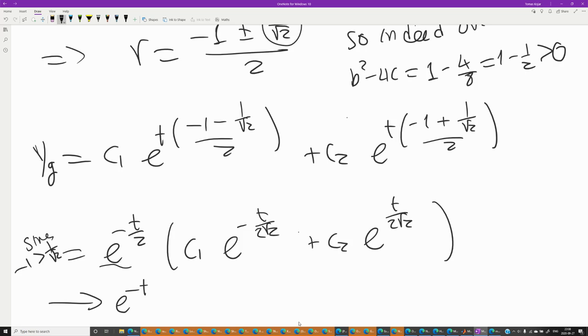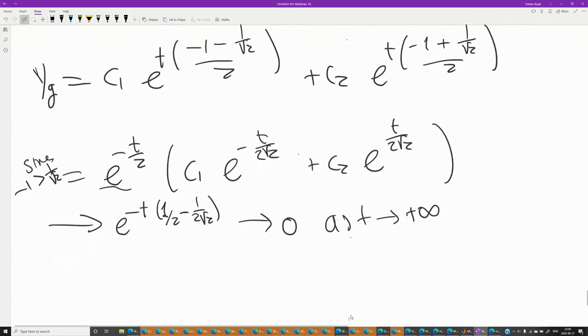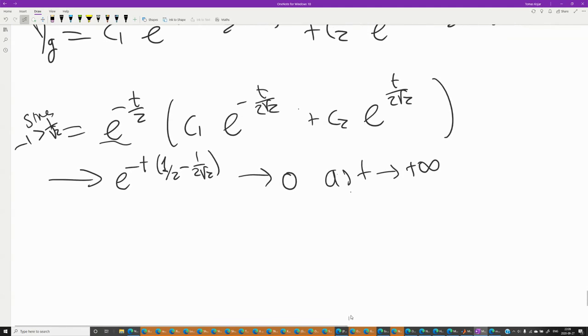So it will go as e to the minus t like that, as t goes to plus infinity, which again is reasonable, even though we have resistance.